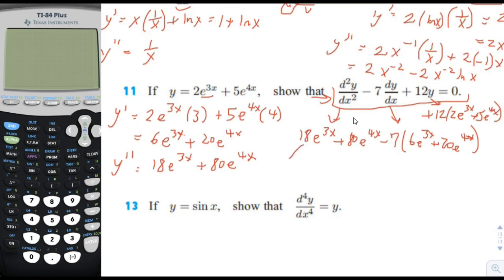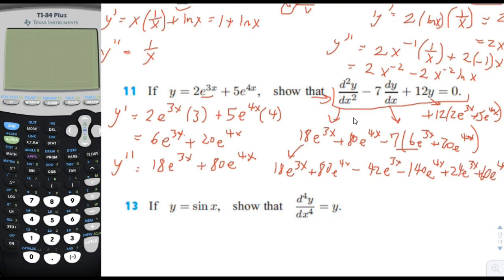So we have 18e to the 3x plus 80e to the 4x. We have minus 42e to the 3x minus 140e to the 4x plus 24e to the 3x plus 60e to the 4x.